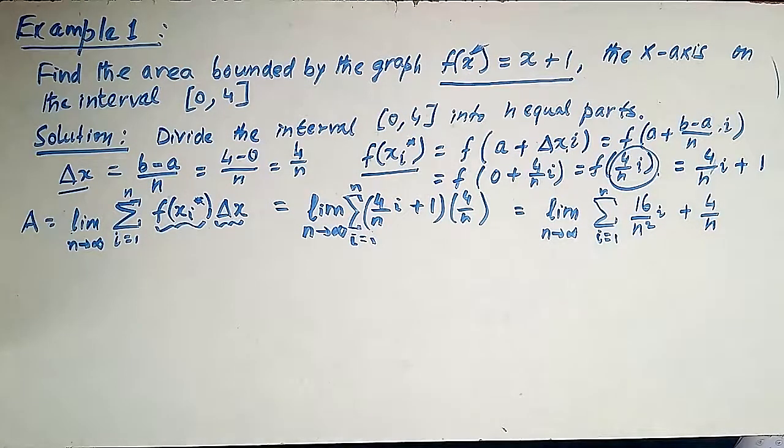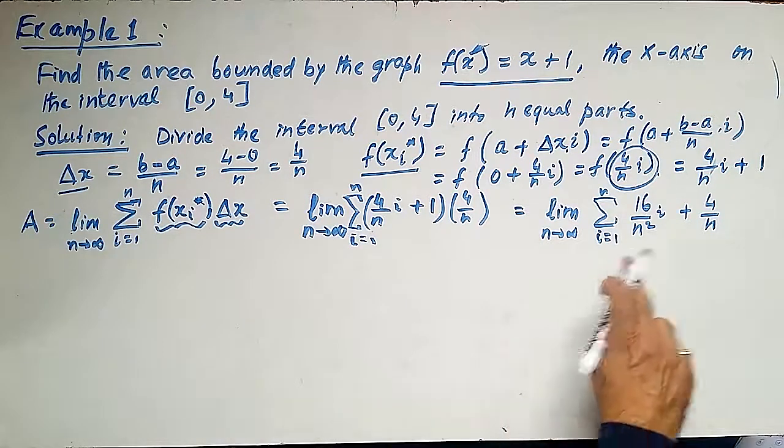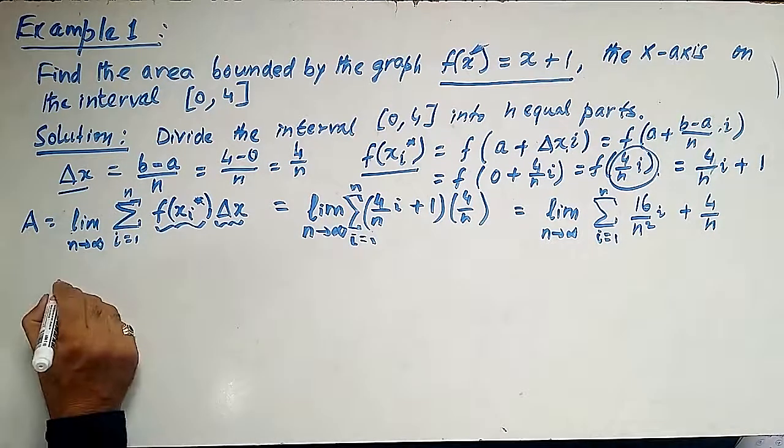Okay, fine. Now, we know earlier from the first 6 rules that we took earlier, the summation of a function x and a function y can be found in a separate manner. So, we will split this.